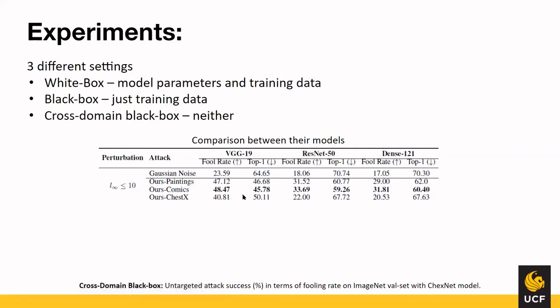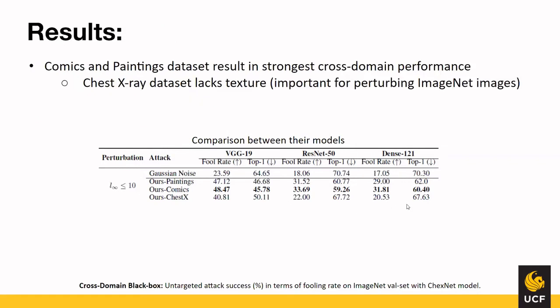So looking at the first set of results here, we see that first off, their generative attack strongly outperforms their baseline Gaussian noise attack. And then we also see that the comics data set tends to produce the strongest results. The paintings data set also results in pretty good results, and the chest X-ray data set results in significantly weaker performance than the other 2 data sets.